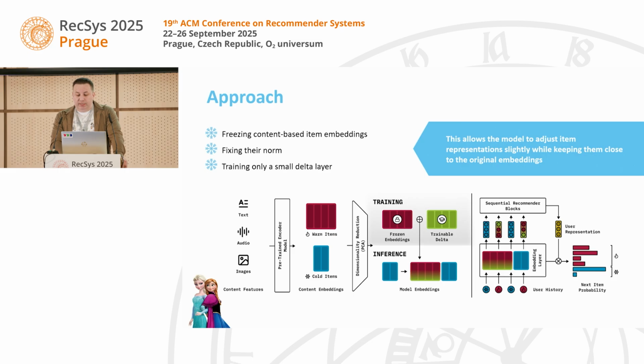Since content embeddings can be quite large, we use PCA transformation for dimensionality reduction, and we also normalize the content embeddings. The second part is a small trainable correction with its length strictly limited. This means the model can adapt to interaction data, but not move too far from the content meaning.